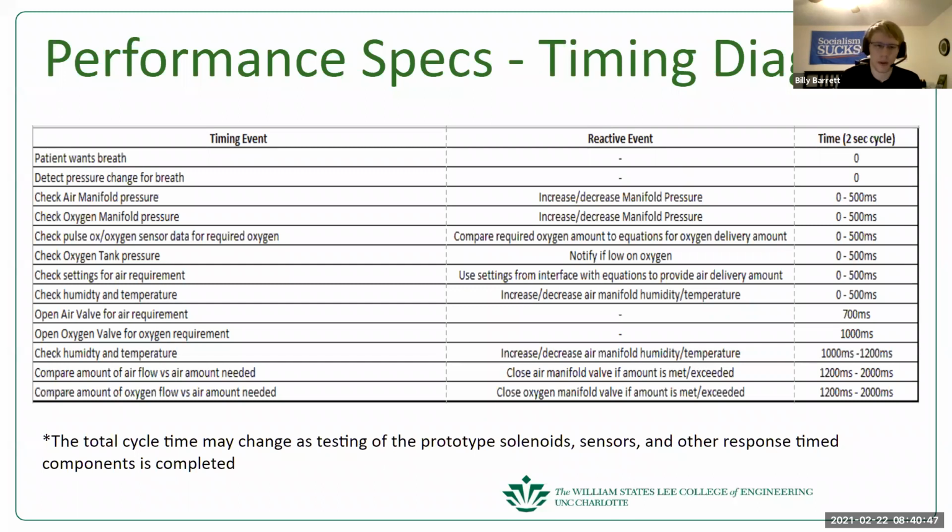We begin with the same thing you saw before on the flow map. We just added time to this, and now it's in a chart form. So we're looking to have everything read within the first 500 milliseconds. From the sensors we've gotten, it should easily be that reactive.